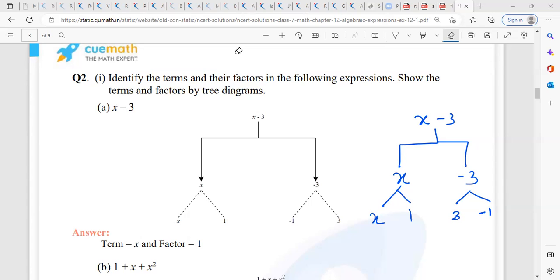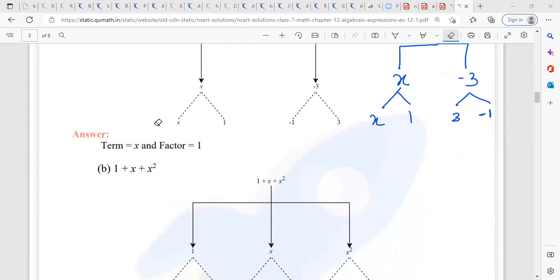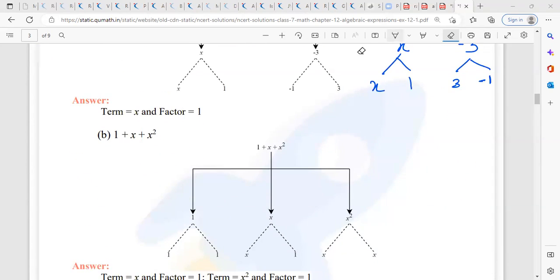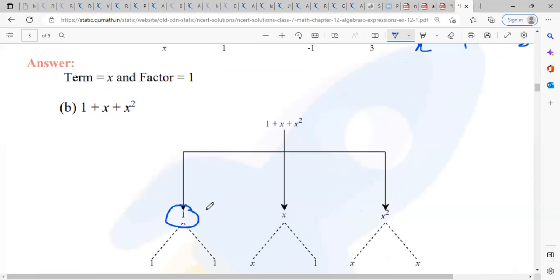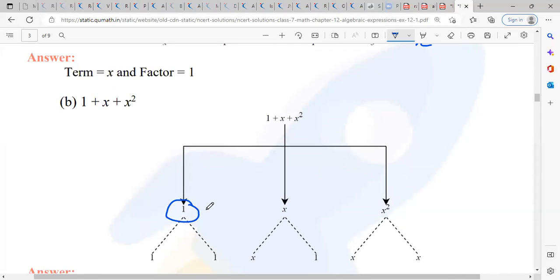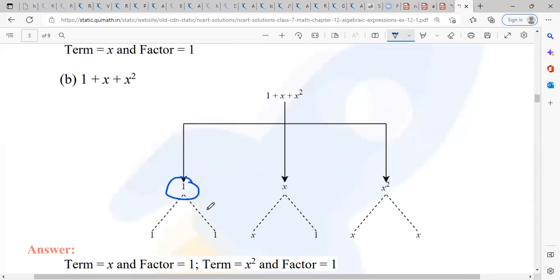Ma'am, done. Okay. Now coming to second one. First, let's see how we are going to do. So it is x plus 1 plus x square. So it is 1, x and x square. 1 multiplied by 1 is 1, right? And coming to x, it is x and 1, right?